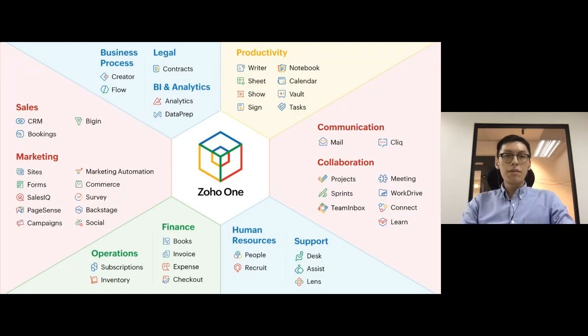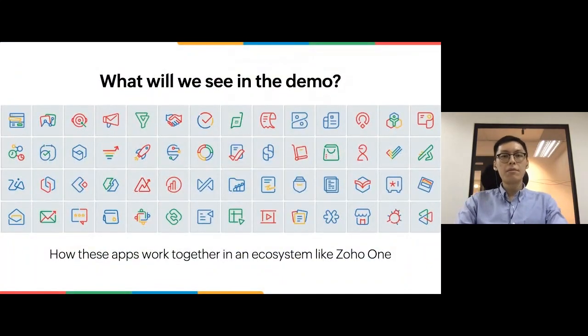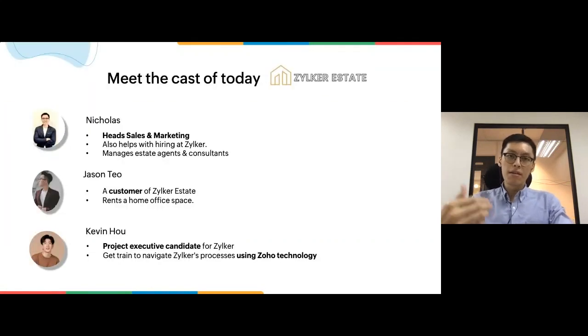So finally, to the interesting part: what will we see in this demo, right? It's fairly simple. As agreed, we will talk about the various tools that come in here, and show you a couple of tools and how they work in tandem with one another. But I figured the best way to go about this demo is to show you a flow. We're all going to come on as Zoho Estate, right?